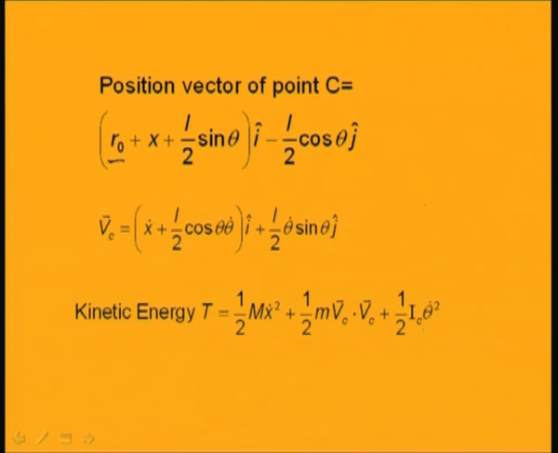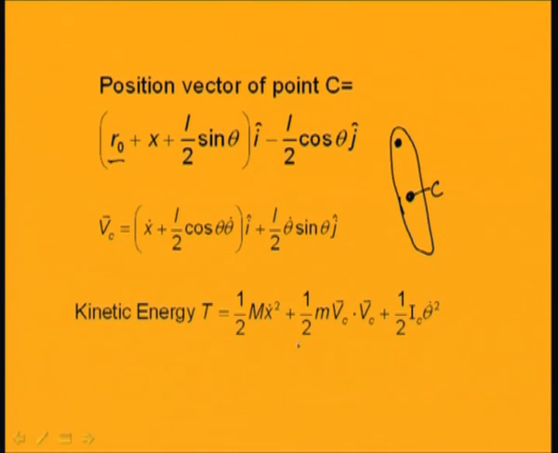You can take the kinetic energy of this body either by taking purely rotation about this point, or by taking the translation and rotation about the mass center. Both will yield the same thing.